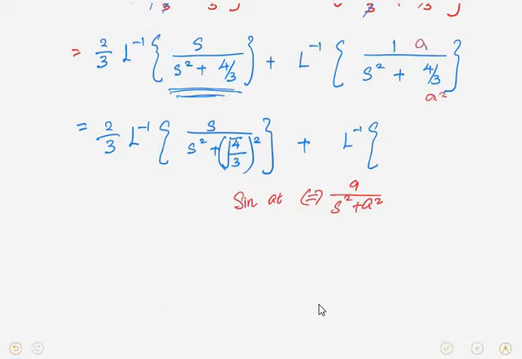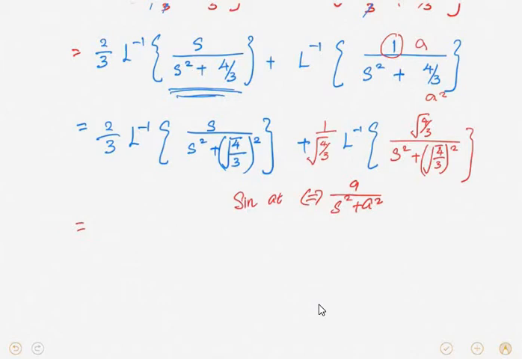So therefore we change to s squared plus the square root of 4 over 3, squared. Since this is the square root of 4 over 3, and if we want to retain the value of 1 here, we need to divide by the square root of 4 over 3.